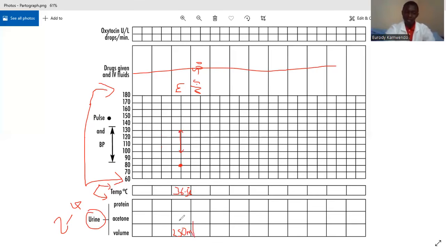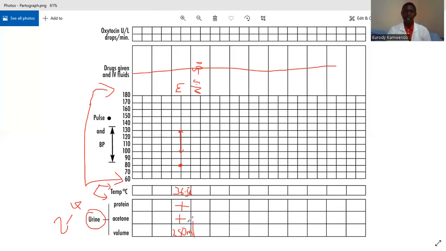Then if there's presence of acetone, you record. If there's presence of proteins, you record. Remember, presence of proteins may indicate that this particular woman has preeclampsia, hypertension in pregnancy. Acetone as well may indicate that this woman is lacking energy, because now the body is breaking down fats for glucose.